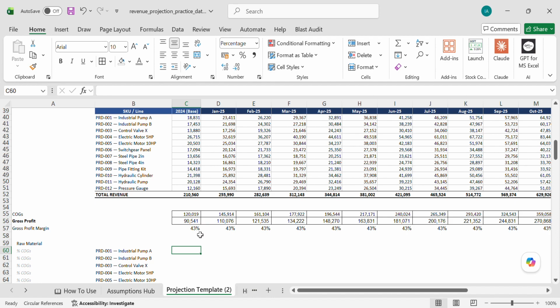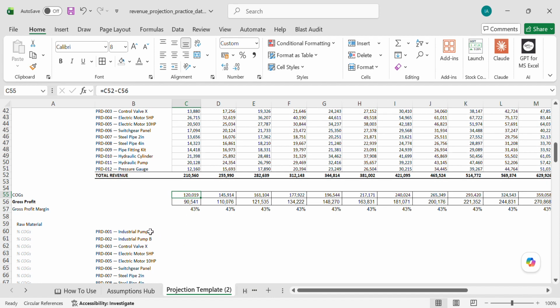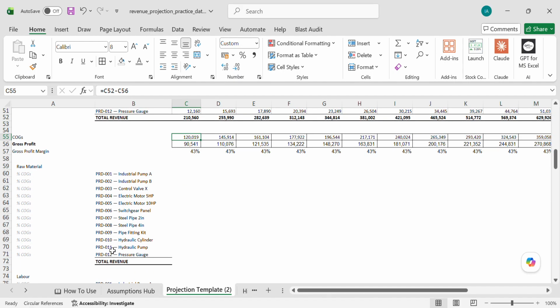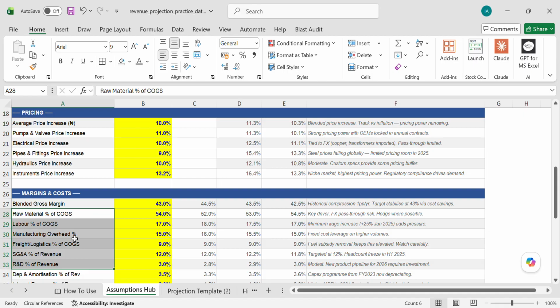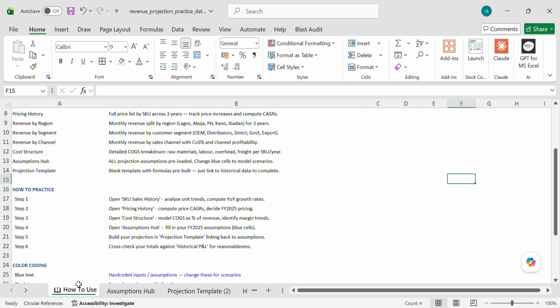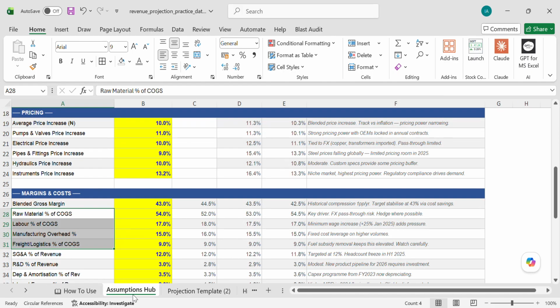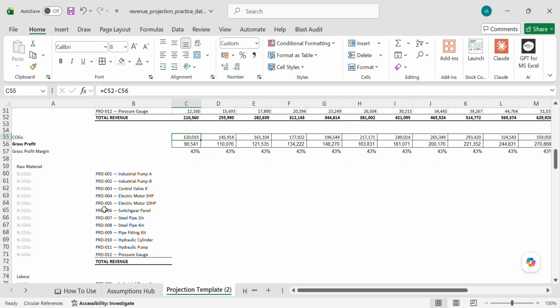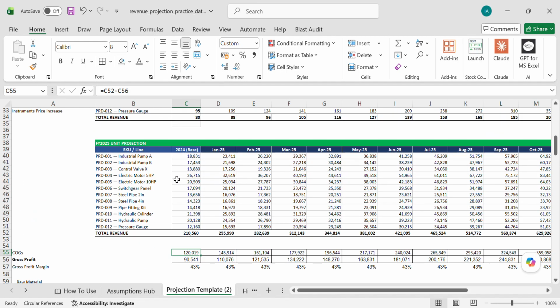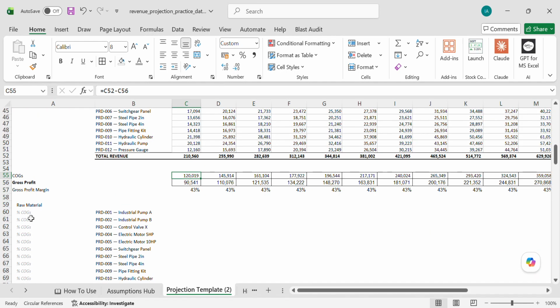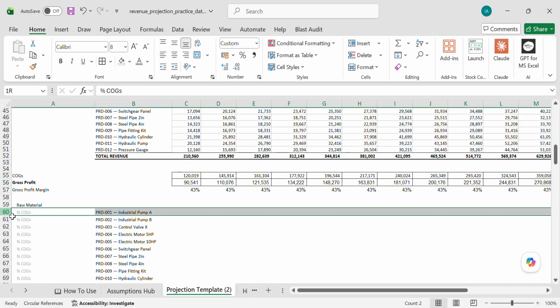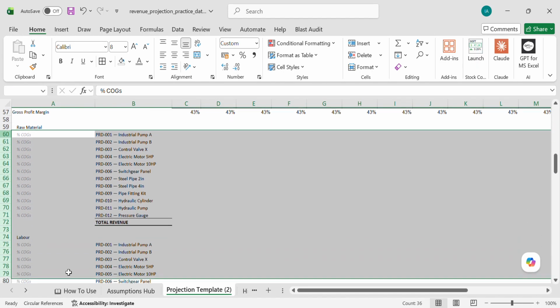So now we split this overall costs for the business. So we go further to say raw material. Okay, let's not break it down further that way. I think it will be too cumbersome this way.